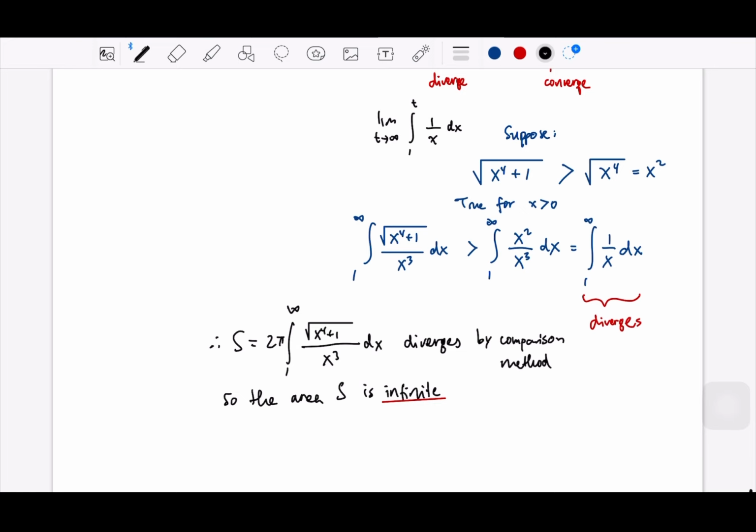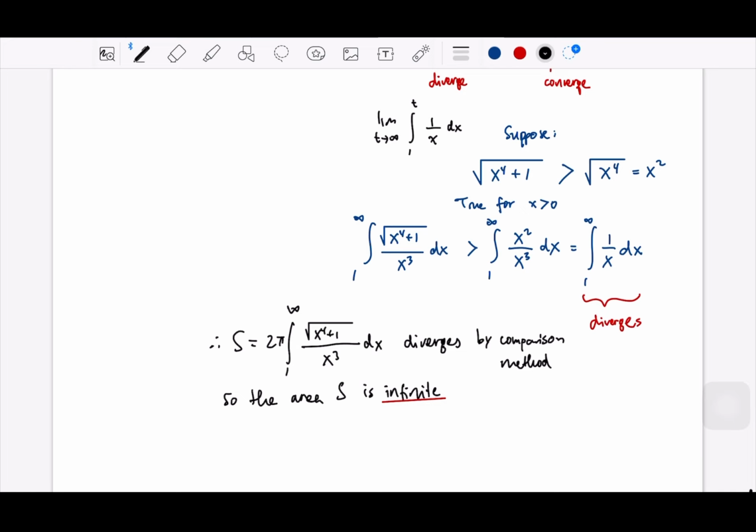Remember, in the comparison method, what you need to be aware of is if you find this converges, then this can be both, right? It's not always necessary to also converge. But if this diverges, the one that is bigger obviously should diverge also.